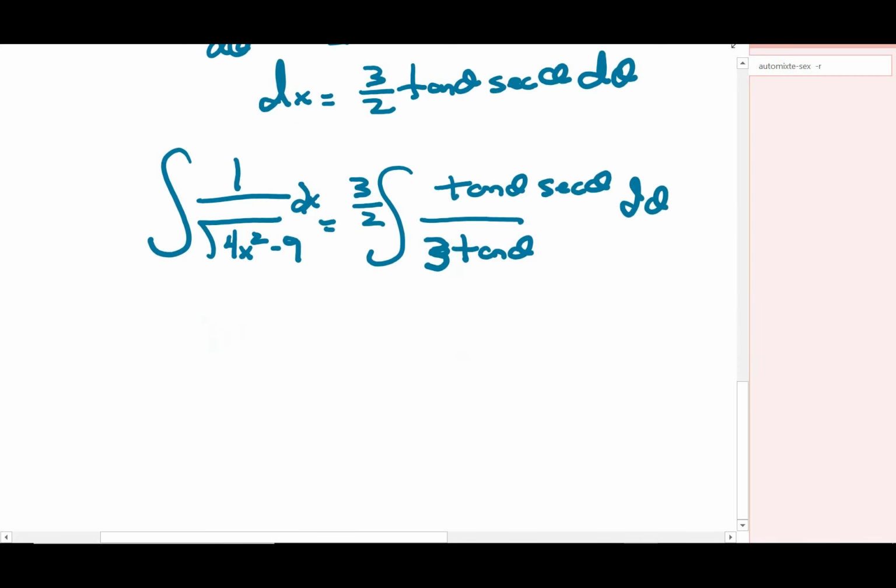So the key here is we eliminate the tan theta, because tan over tan is just 1. We also have a 3 over here, so we take 1/3 times 1/3, and we're left with secant theta d theta.